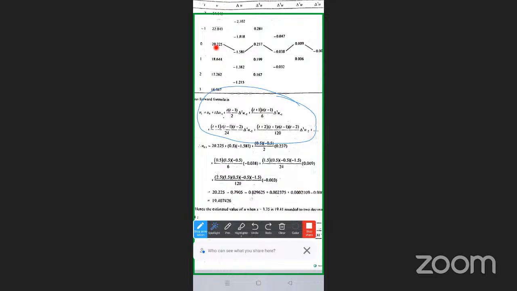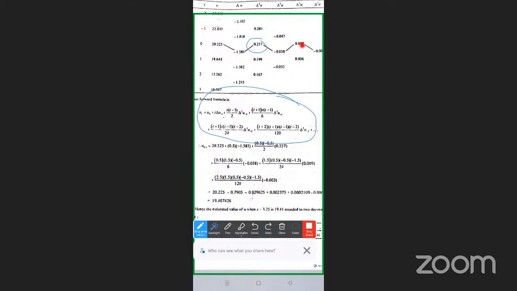So delta square u minus 1. So this is delta square u minus 2, and this is delta square u minus 1. Next, this value is delta cube u minus 1, and this is delta cube u minus 2.